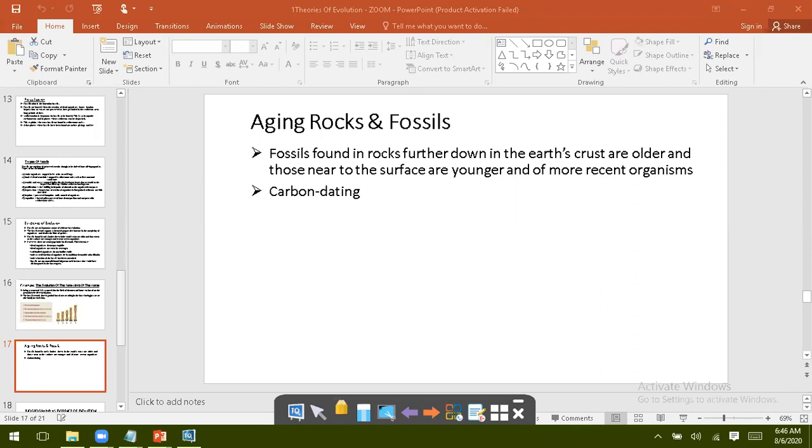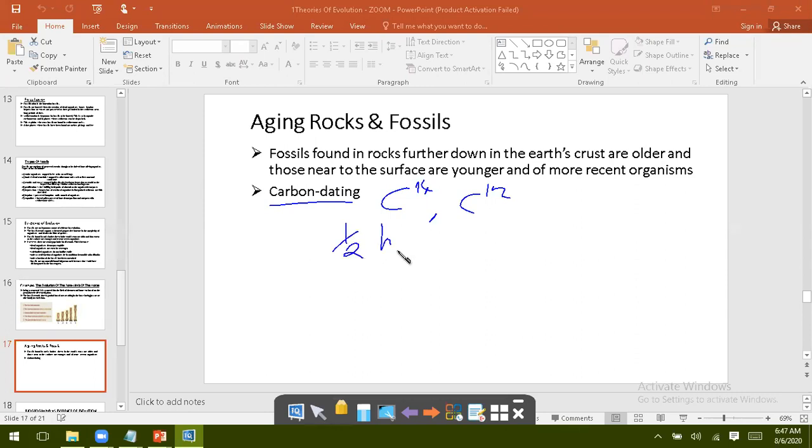Carbon dating, you've already had a look at maybe radioactivity in physics. Is that right, Mr. Fred? Yes. All right. So carbon 14 is one carbon, carbon 12 is the other one. So carbon 14 is the one that is used for carbon dating. So you've already looked at the half-life of radioactive materials.